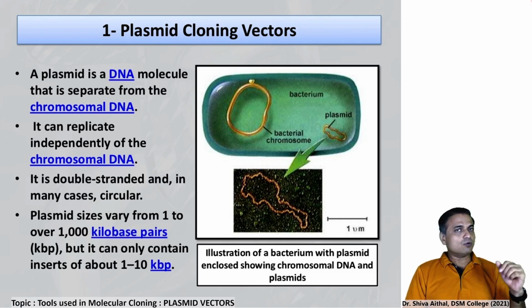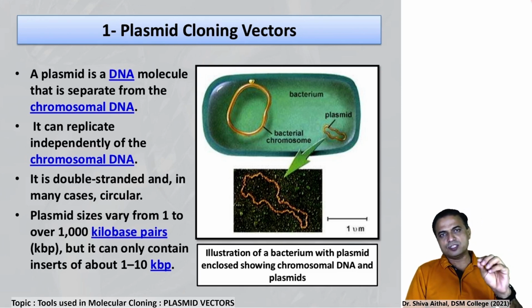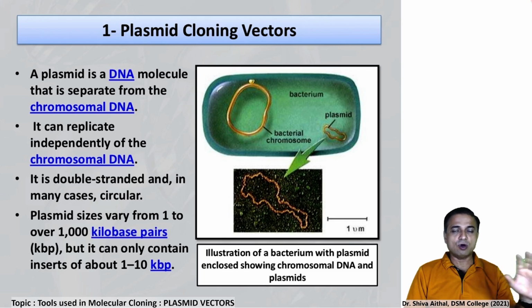As we are going to explore plasmids as cloning vectors, what are plasmids? Plasmids are extrachromosomal covalently closed circular entities which carry out those functions which are not present on the chromosome, or which may be present on the chromosome, like a standby gene.